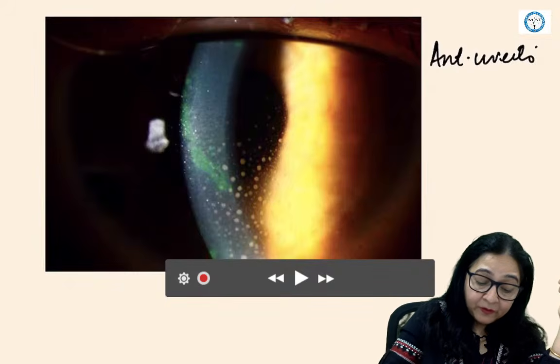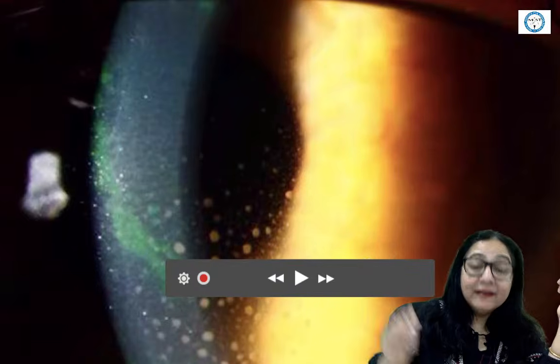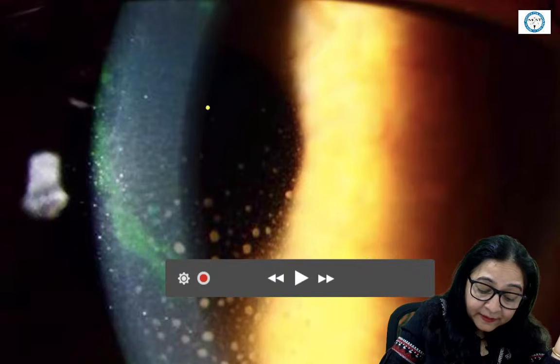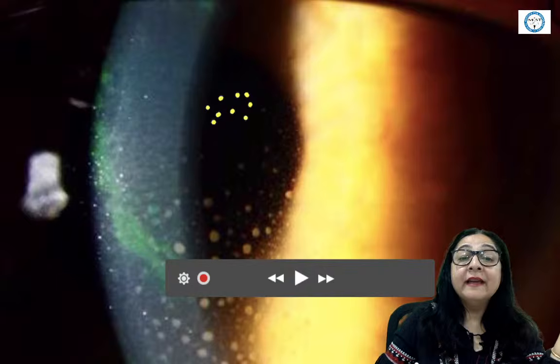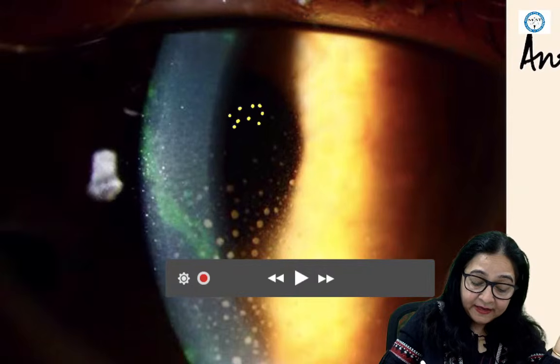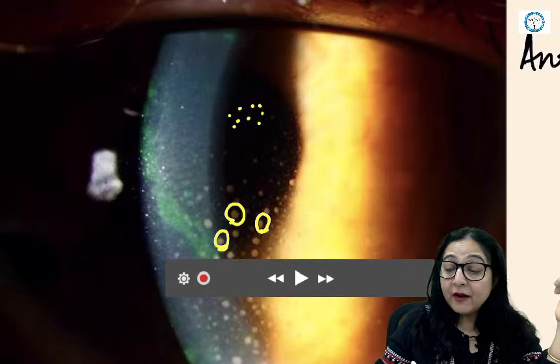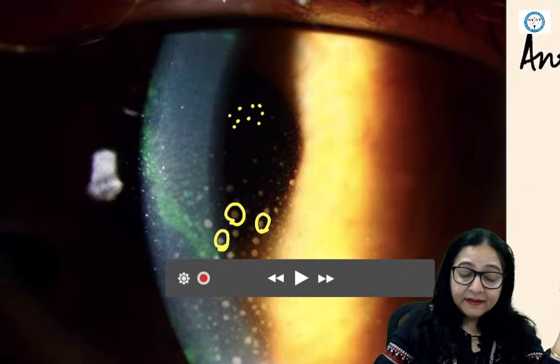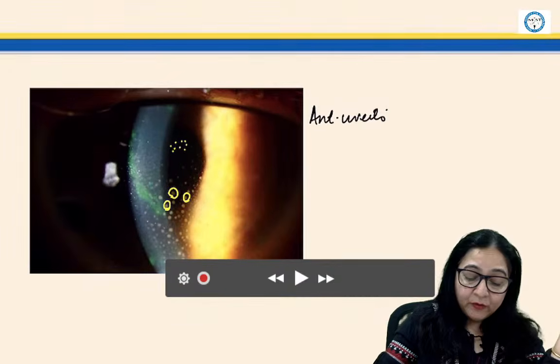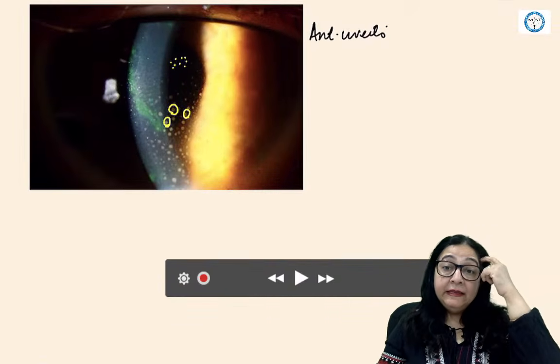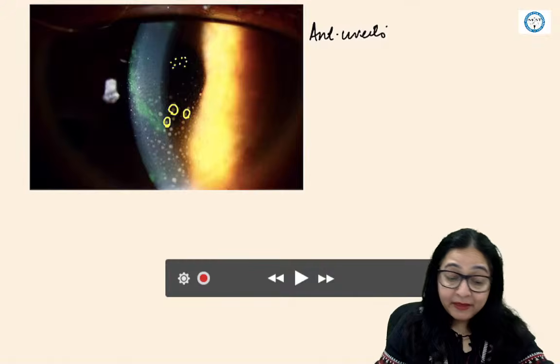Okay, so here it may be that you are not able to see very clearly, but there will be on slit lamp examination cells and flare in the aqueous. And here what you are seeing, the keratic precipitates, the KPs. So KPs are hallmark of anterior uveitis. So that is how you will diagnose anterior uveitis on a slit lamp examination.